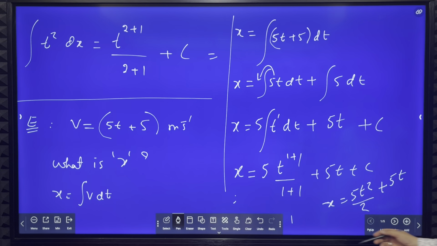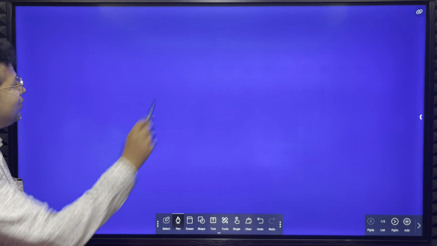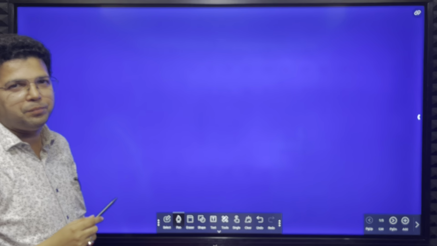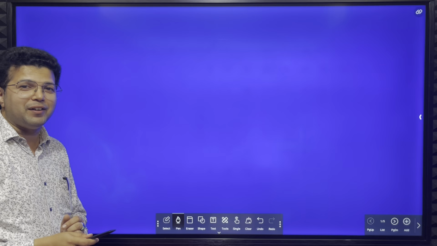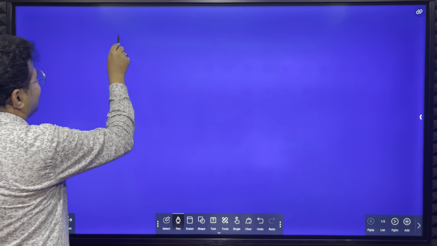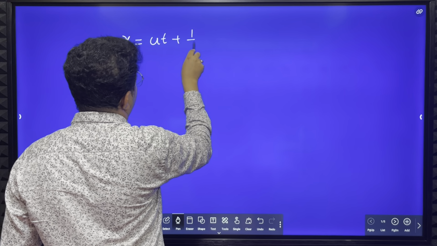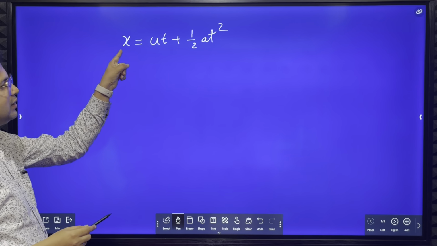If we want to do some circus, say for example, we have this equation to check our differentiation and calculus skills. We have this equation x is equal to ut plus half at square. What I told you, if you differentiate this x, you should get velocity.